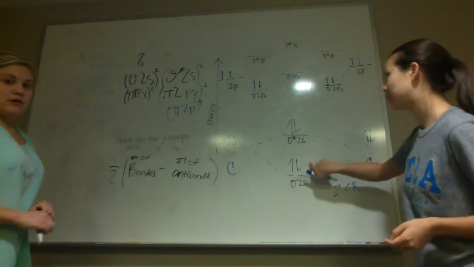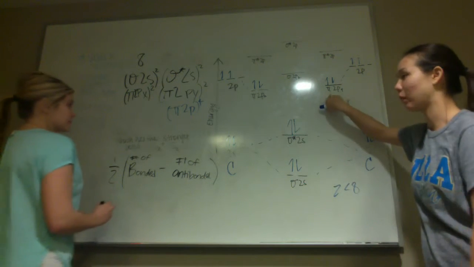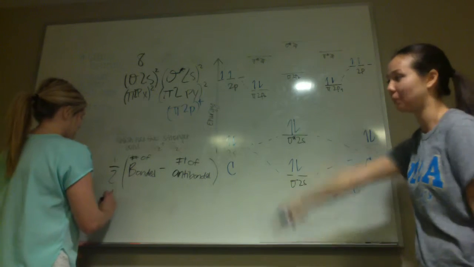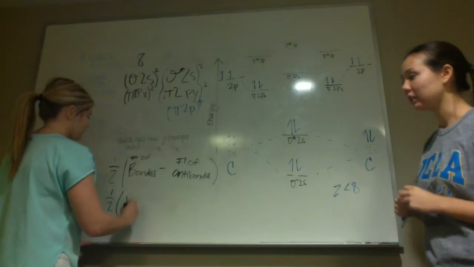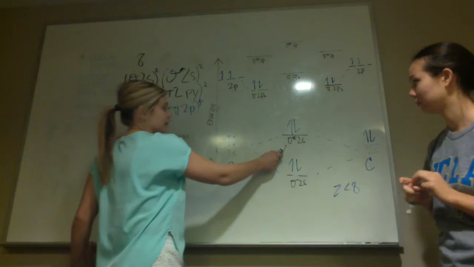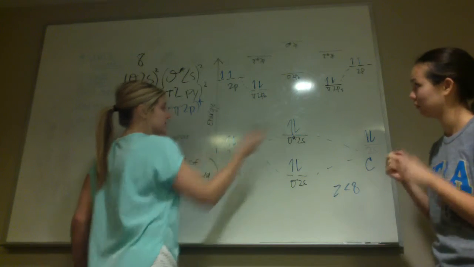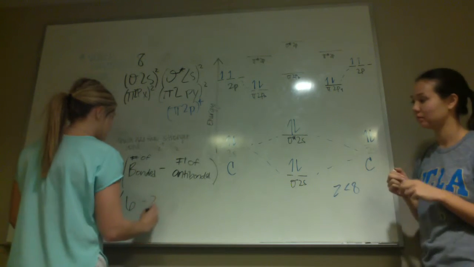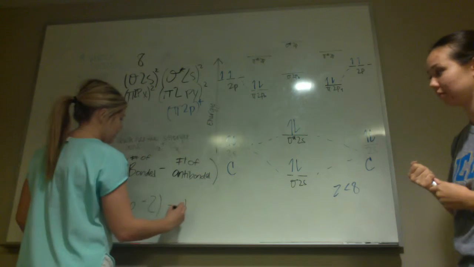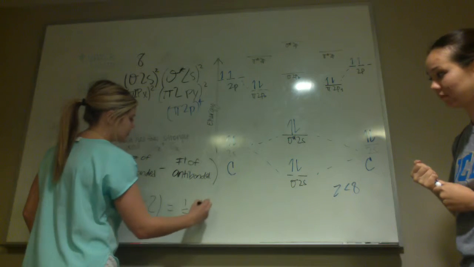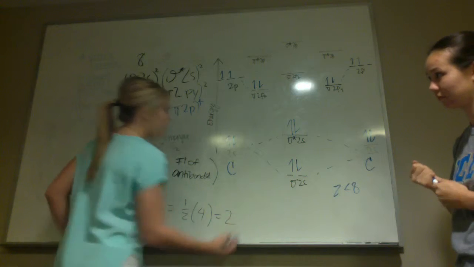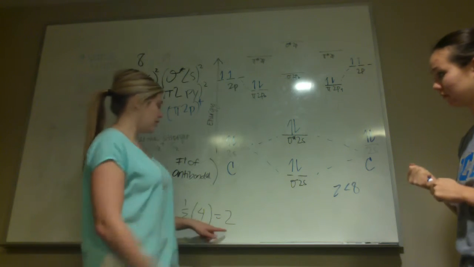We have 2 here and 2 more in each of these, so that makes 6 bonded electrons. And then we have these 2 right here, which are the only anti-bonded. So we have 1/2 of 6 minus 2, which is 1/2 of 4, which is 2. So C2 has a bond order of 2.